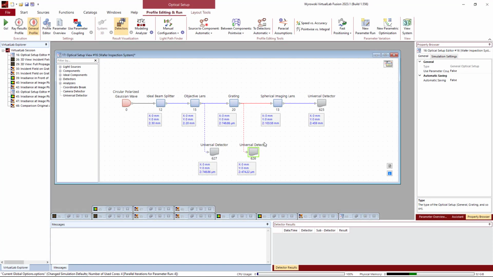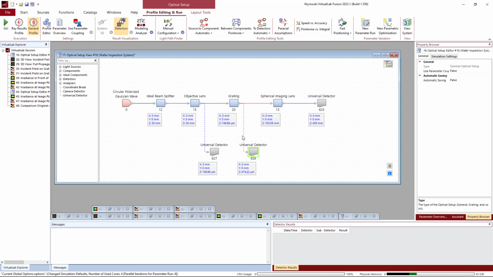Now, to conclude, we're going to go all the way to the image plane of the system and look at the reconstructed image. It's not going to be a perfect image, of course, because we're just looking at three diffraction orders.